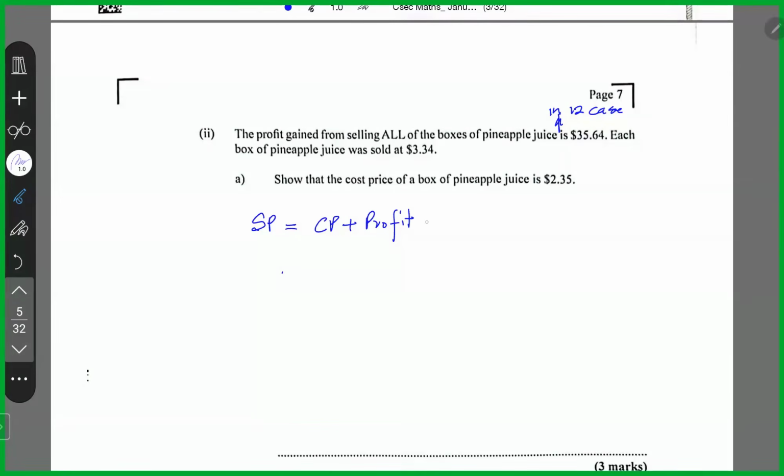So the selling price is actually $3.34 multiplied by 12 multiplied by 3. There are 12 cases and there are 3 boxes of pineapple juice in each case. So this now was the cost price plus the profit, which is $35.64.